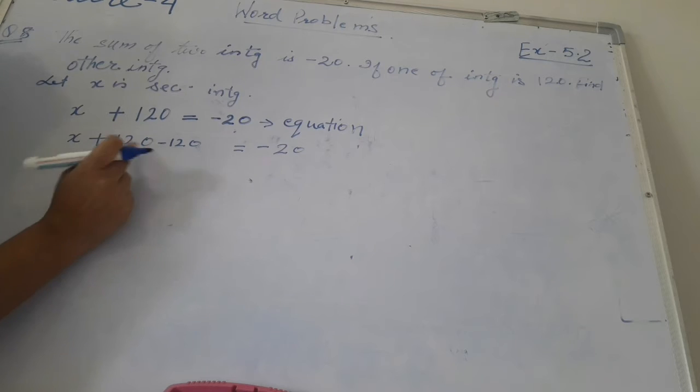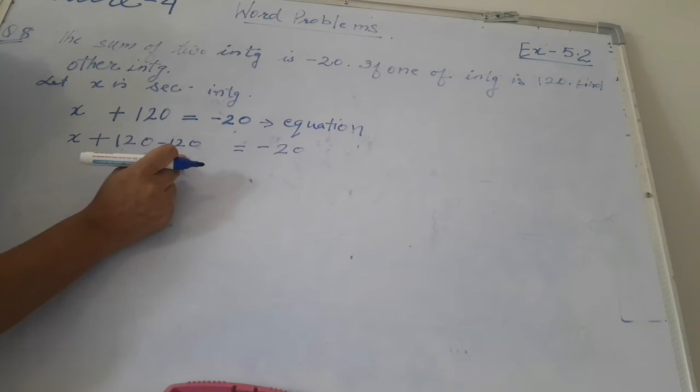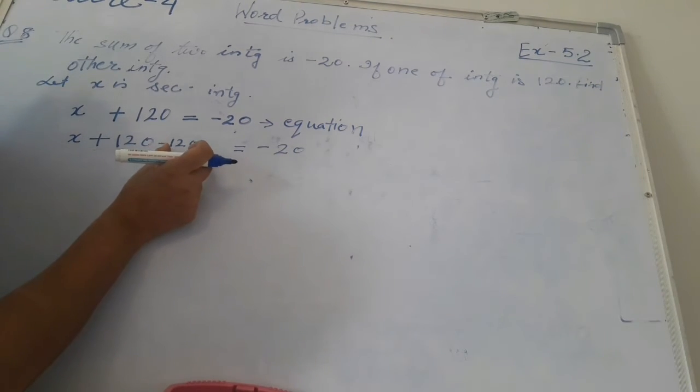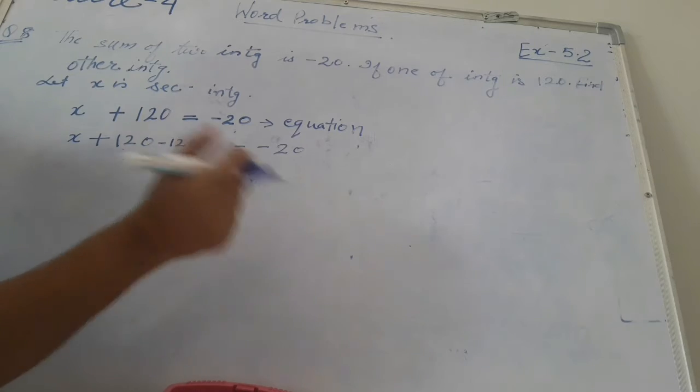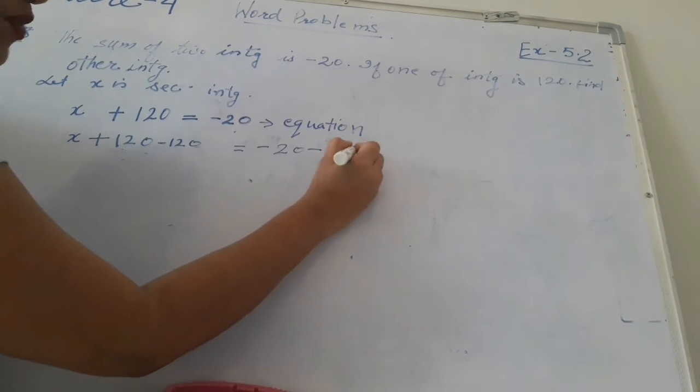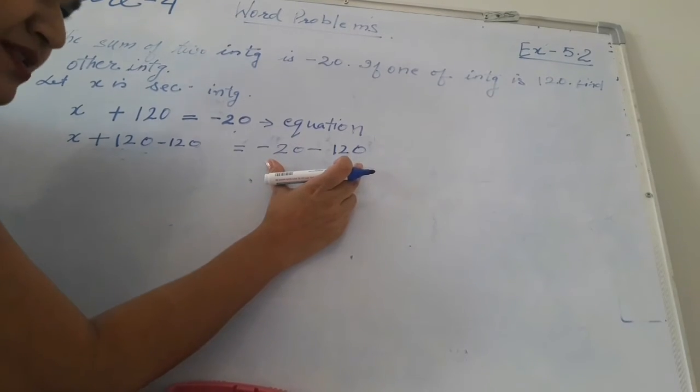Why? Because plus and minus will get cancelled. 120 minus 120 is gone, then you will be left with only 0. If you are subtracting 120 from the left hand side, then this is the rule of the equation: you will also have to subtract 120 from the right hand side.